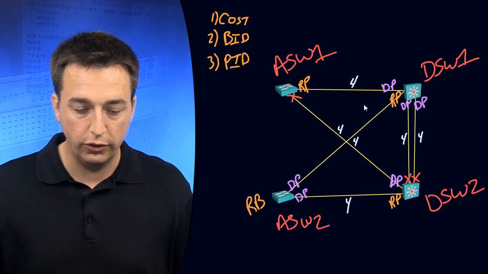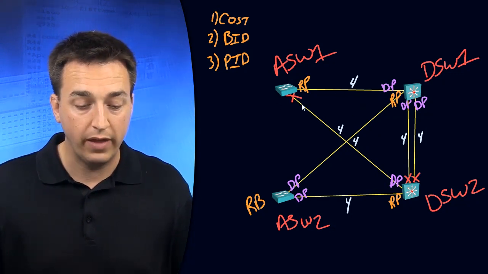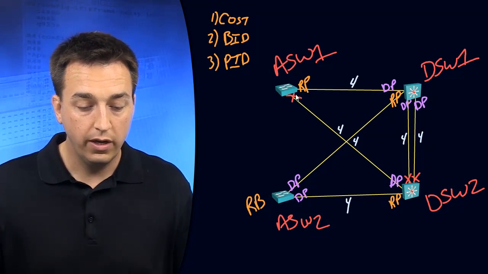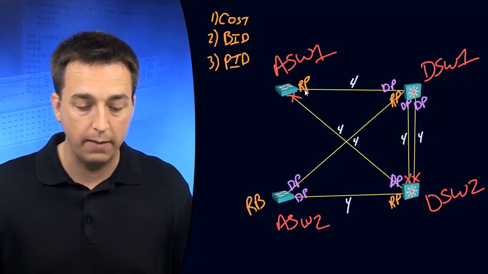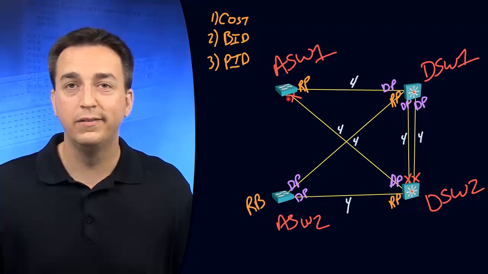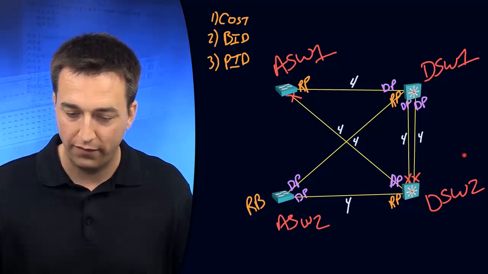Let's go over to ASW1 now and see if we were correct there. So it's a non-root bridge. Gigabit 0/1 should be a root port for VLAN 10, and gigabit 0/2 right here should be blocked. Should be an alternate port, blocking state, not forwarding traffic. Let's take a look at that.